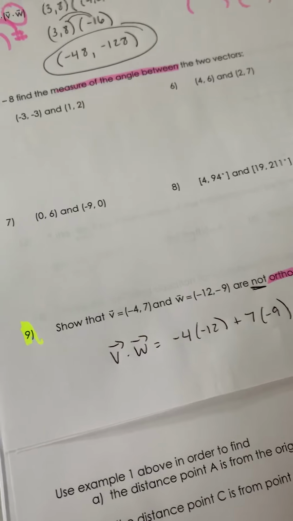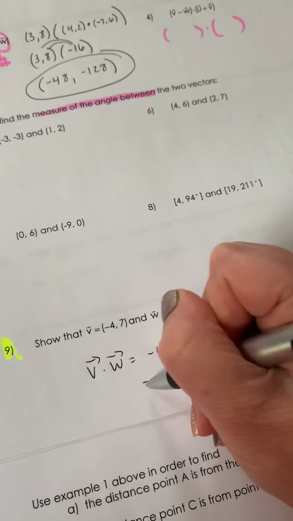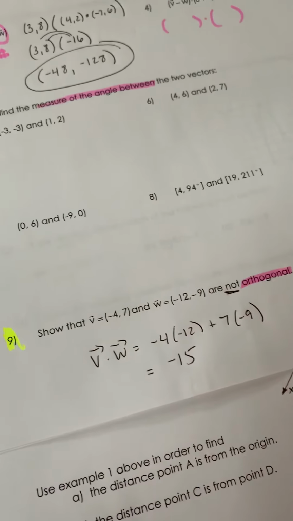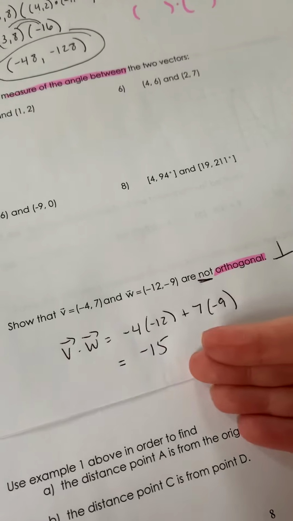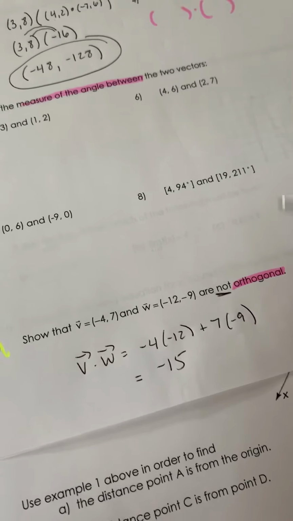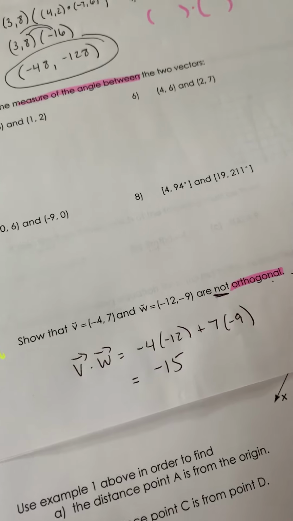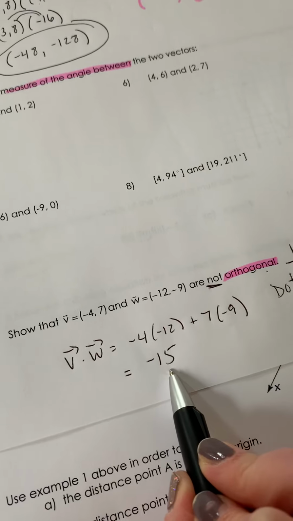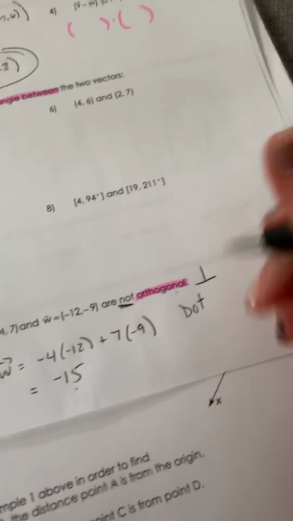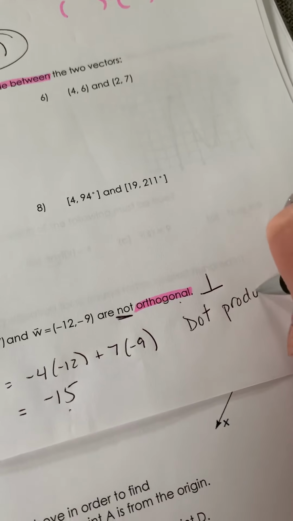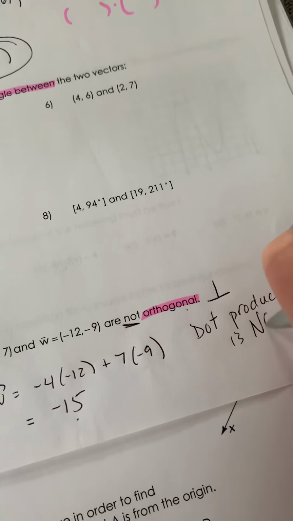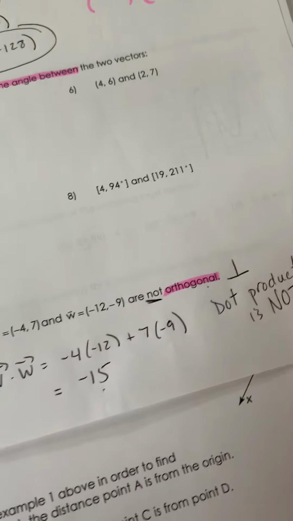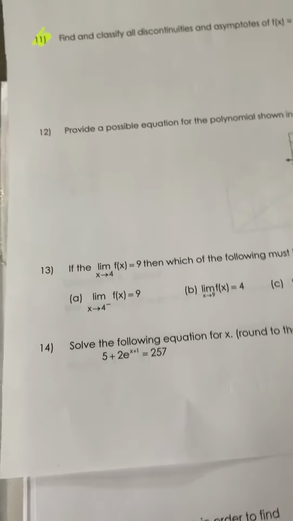I get -15. That's me showing that they're not orthogonal, because if they were orthogonal, the dot product must be 0. So the dot product is not 0. Okay? What else did I have on this one?